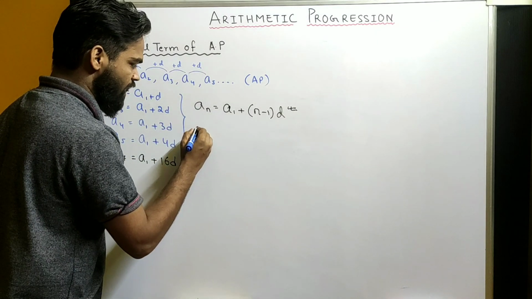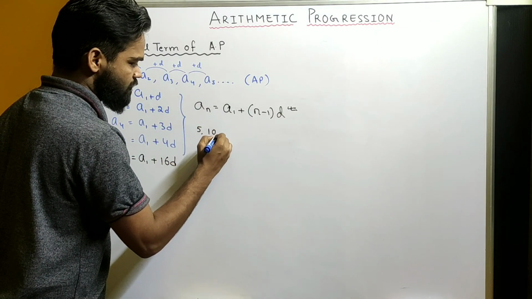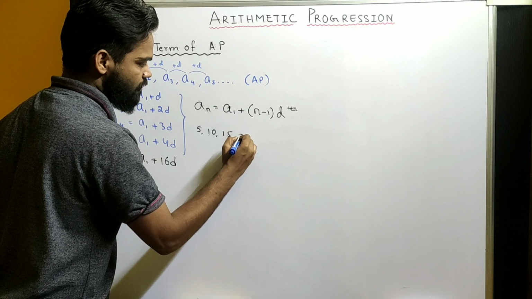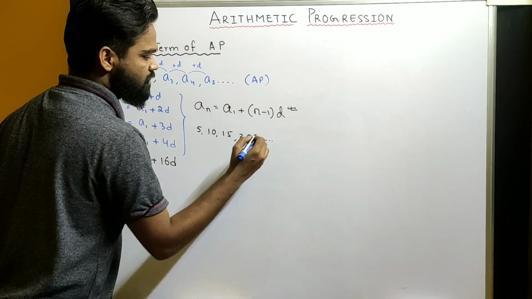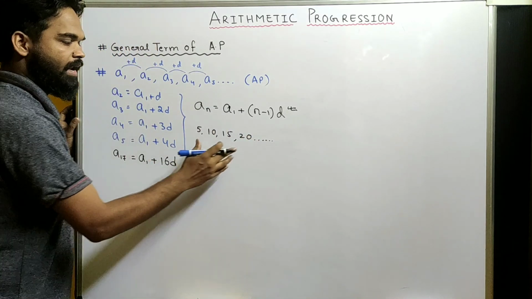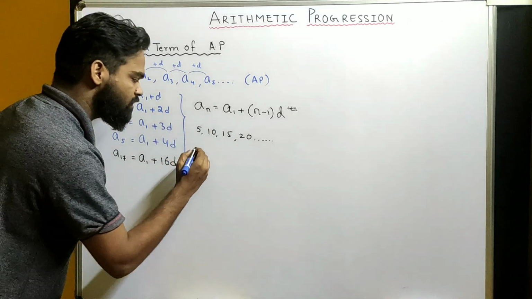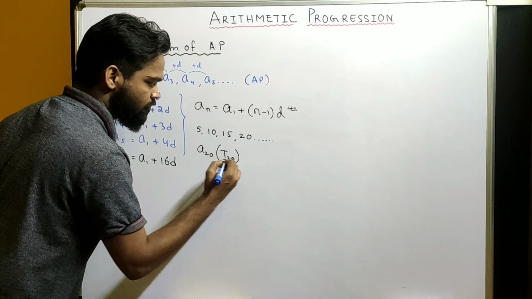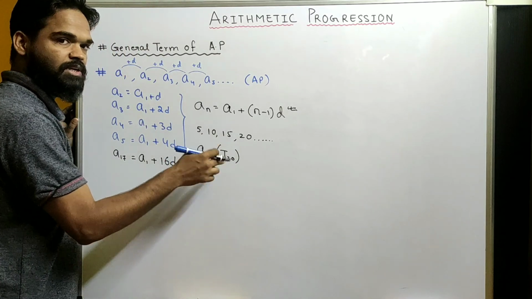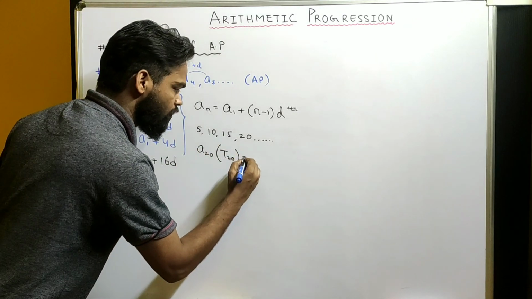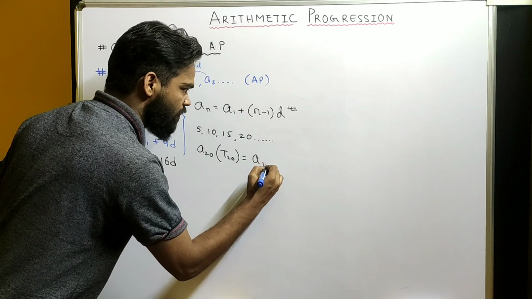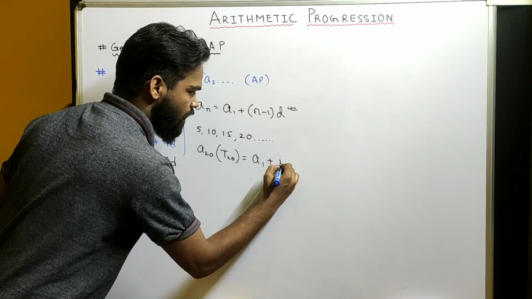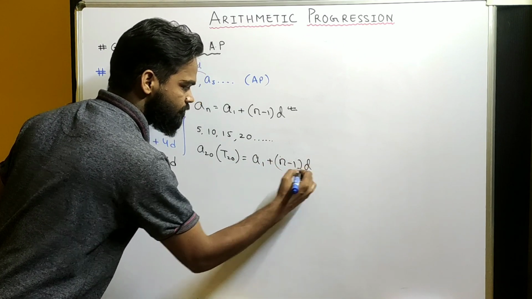What I mean, suppose we have 5, 10, 15, 20. These are in AP. And I want to find the 20th term, A20. At times we say T20 also. Okay, T represents the term, the 20th term. What it will be? A1 plus (n minus 1)d.